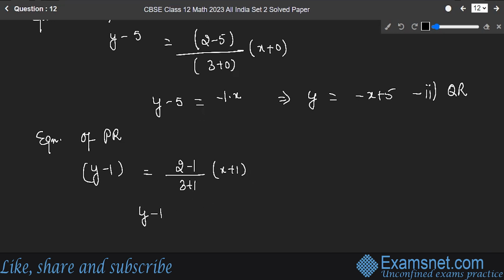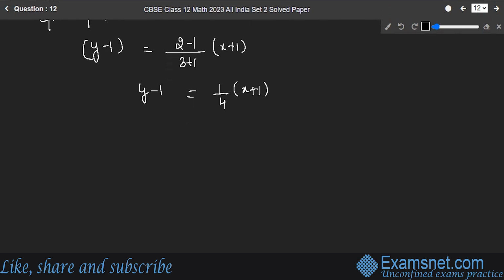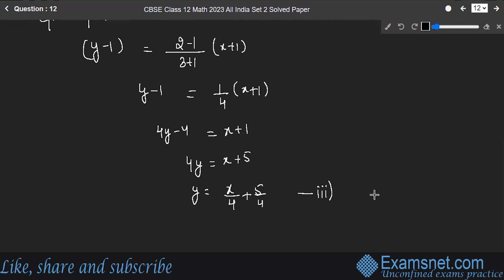That gives you y minus 1 is equal to 1 by 4, x plus 1, 4y minus 4 is equal to x plus 1, which gives you 4y is equal to x plus 5, or y is equal to this. This is equation number 3 and the equation of PR. Hope you understood till here, right? Now we have got all the 3 equations.